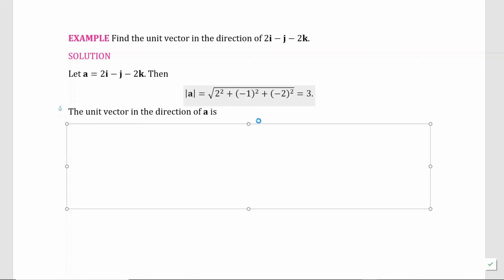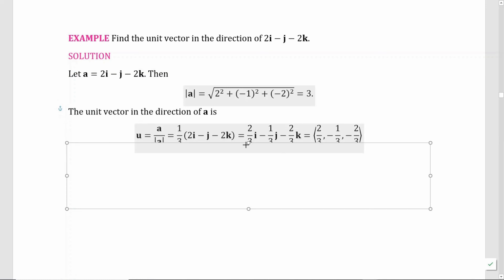And then the unit vector in the direction of A is given by the formula you see here, which is A over the magnitude of A, which simply gives this vector, the first component of which is 2/3, and the second component is -1/3, and the third component is -2/3.